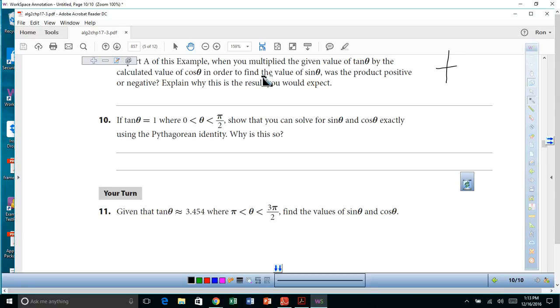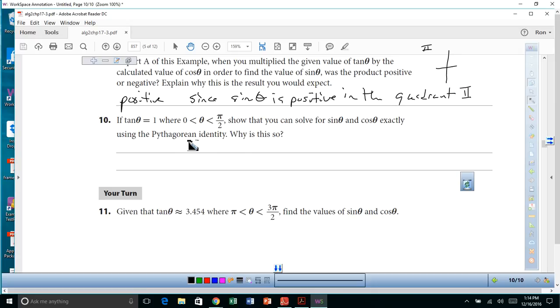Explain why. Since sine theta is positive in quadrant 2. All right.